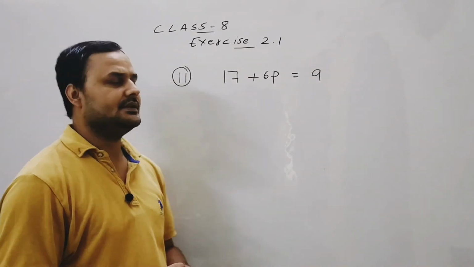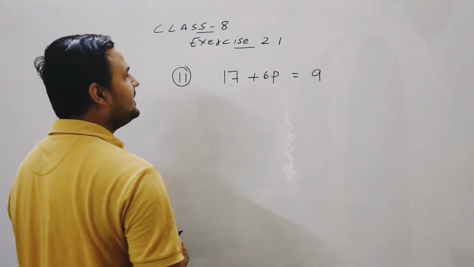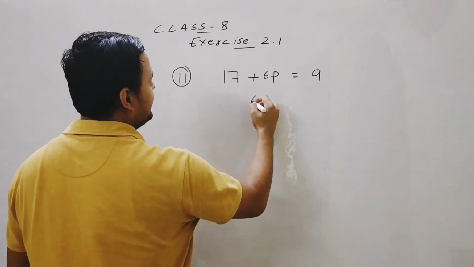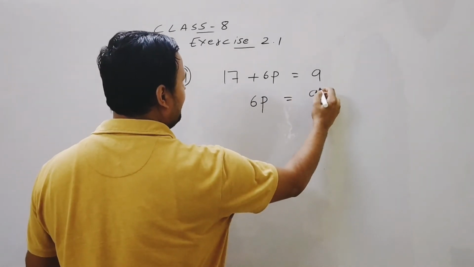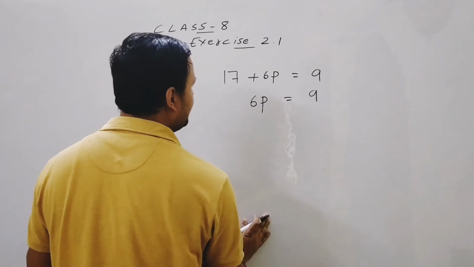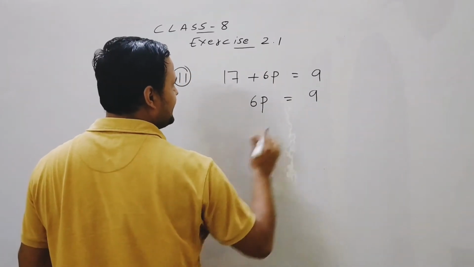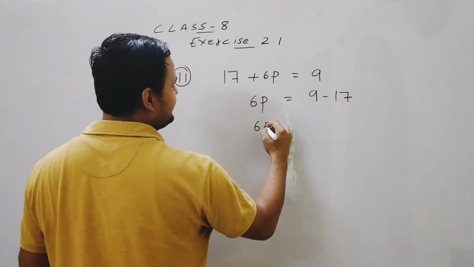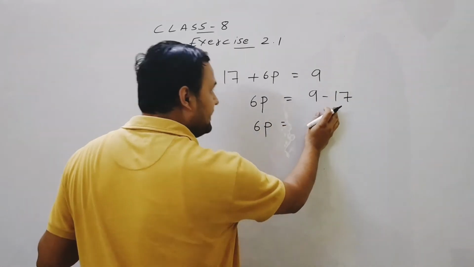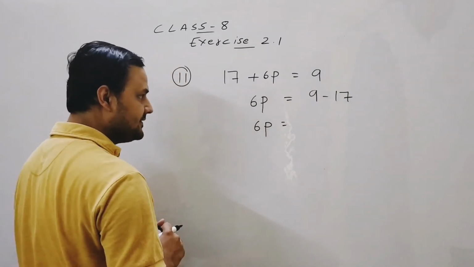Next question. 17 plus 6p equals 9. 6p I will keep on the left hand side. 9 already we have on the right hand side. This 17 will go on the right hand side, it will be minus 17. Now 6p. Now one number is plus and the other number is minus. So what do we do?